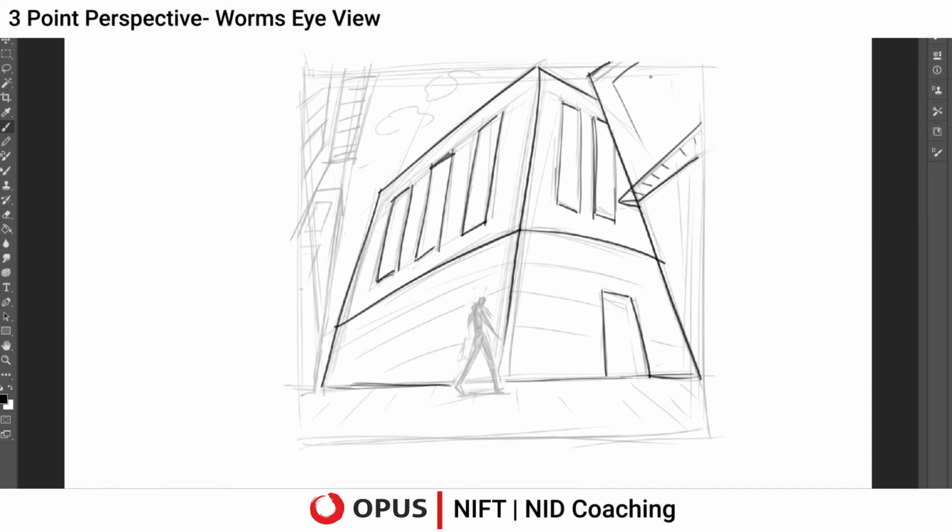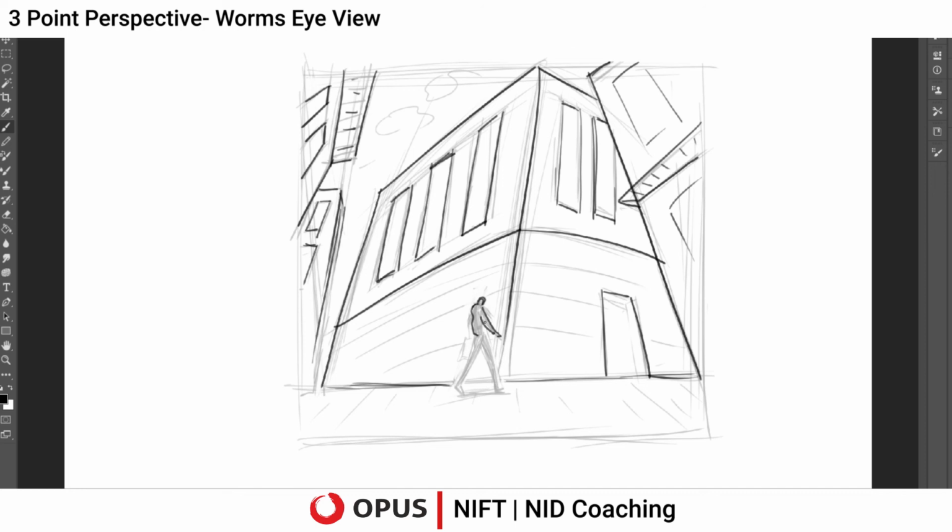So every line that you make will have that feel that it is going to meet above, and we are observing from a below angle. So this sense of which line shall go in which direction is one thing that you have to figure out while you make a composition like this. So here I might add a few details about the figure.